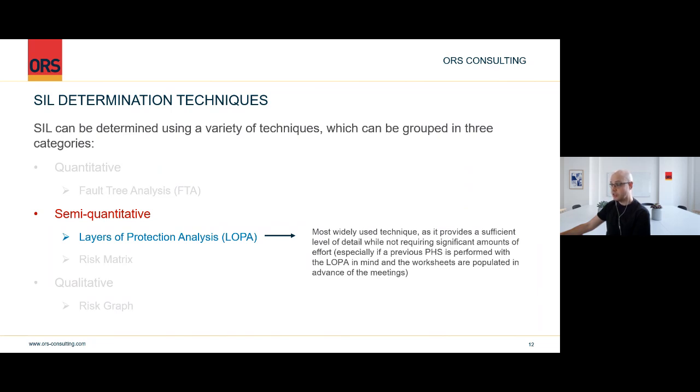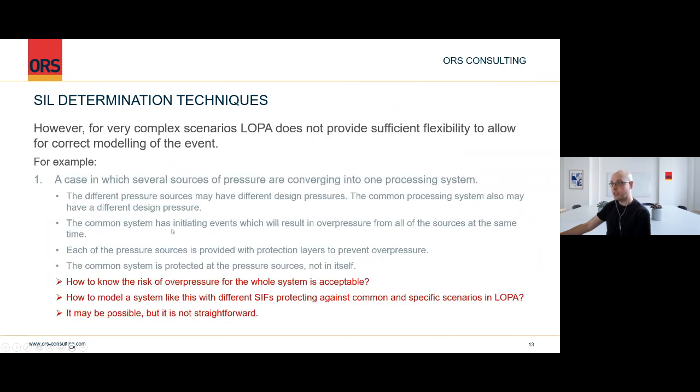But sometimes there is a requirement to do something more, because LOPA just doesn't have the required dimensions for you to solve the problem. This happens when you have very complex scenarios where more than one SIF is interacting and there are different sources of the same hazard.